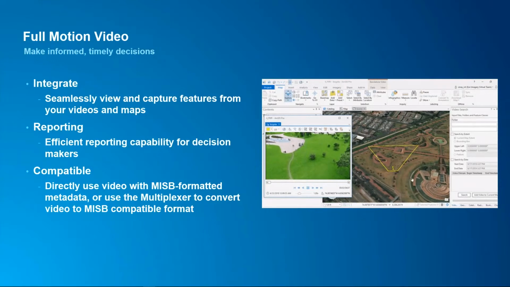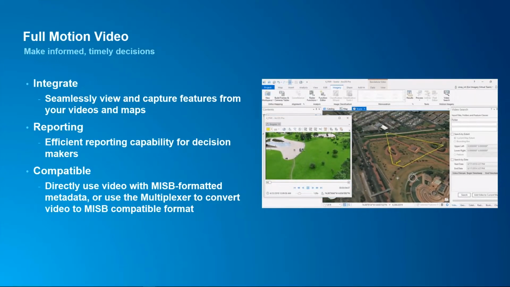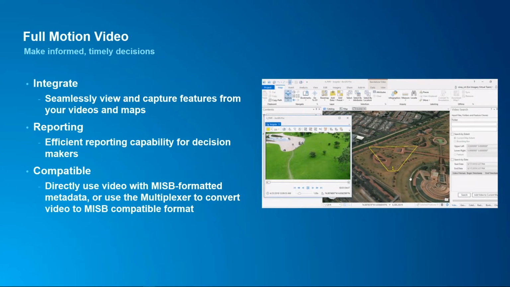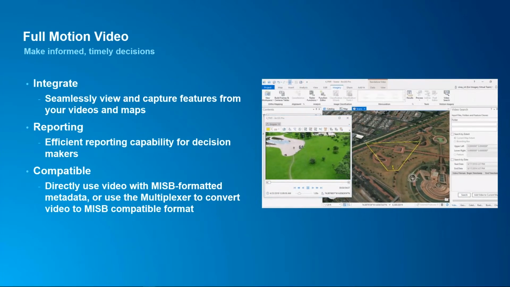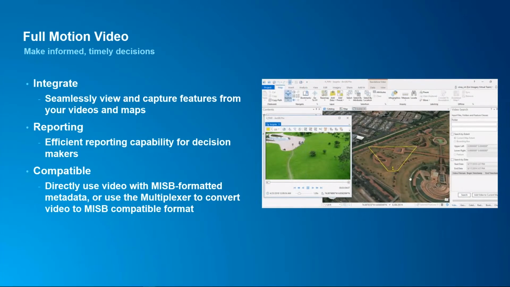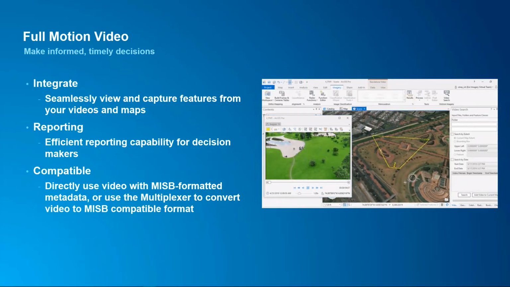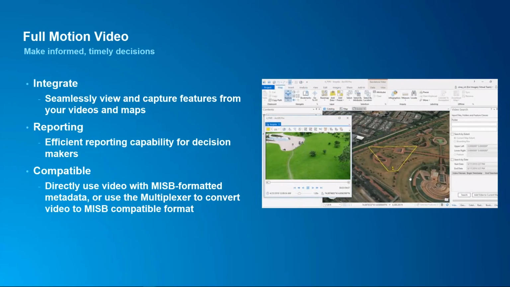Image Analyst also lets you work with full motion video. So this lets you integrate video files that are embedded with metadata information regarding the sensor location, orientation, and field of view. If your videos follow a government standard called MISB compliance, they're able to be ingested within ArcGIS Pro.